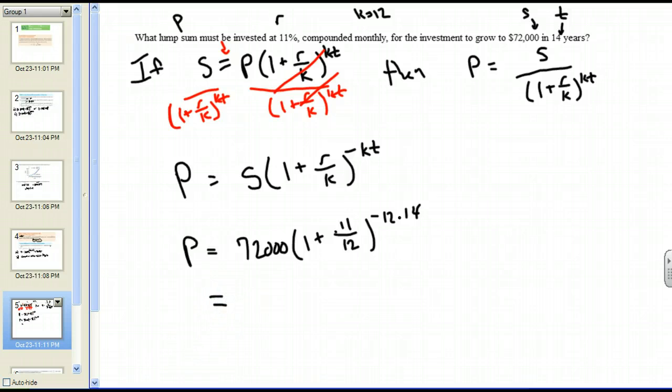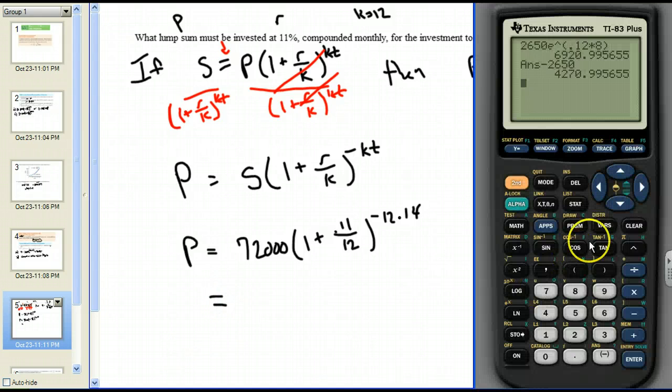Again, I'm going to go to the calculator and type in exactly what I have there. So there's this 72,000 times 1 plus 0.11 divided by 12, raised to the, don't forget your parentheses, 12 times 14, and don't forget the negative like I just did.